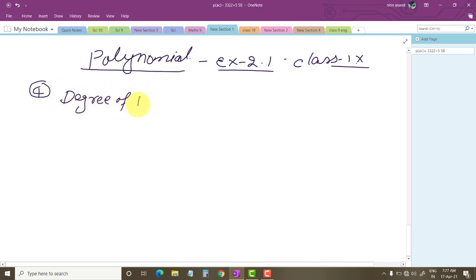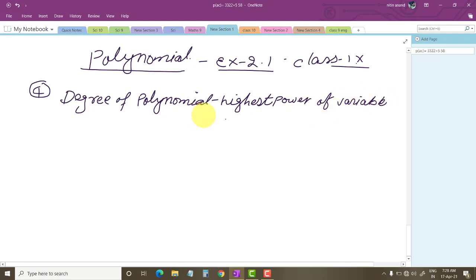Degree of a polynomial means the highest power of the variable in our polynomial.